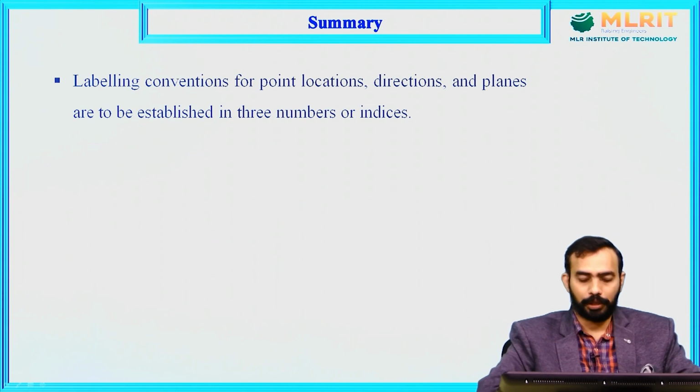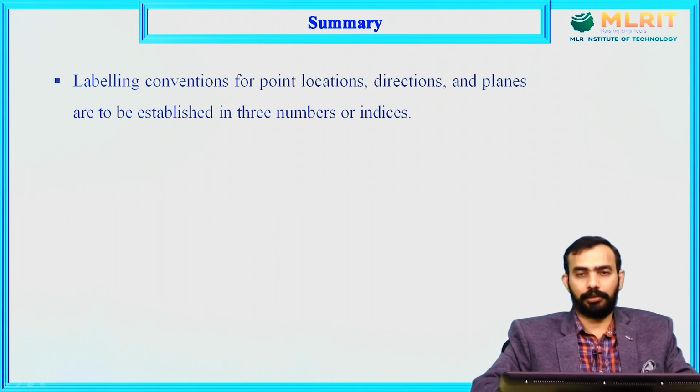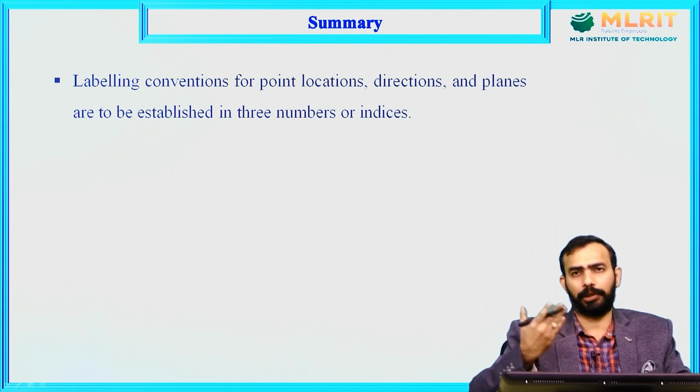If you summarize, it may be necessary that we need to specify point locations within the crystal structure, or it could be a direction. We may need to discuss atoms positioned in a particular direction, or atoms positioned in a particular plane.